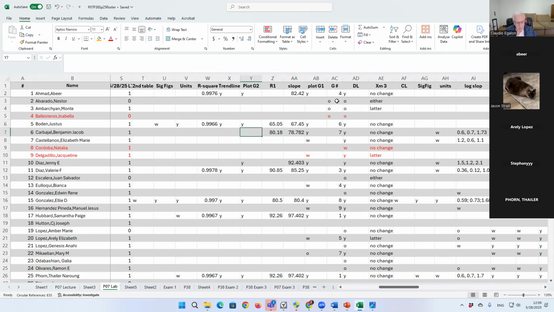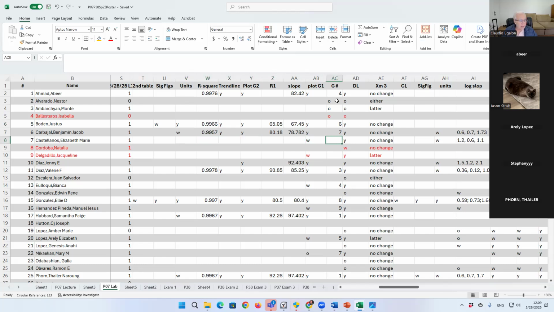Now, did you plot graph number 2? Yes. What about the trend line? Did you manage to fit the cubic trend line there? Good. What's the R square that you're getting? 0.9957. Good. Did you work on the units already? Working on it. That's good.